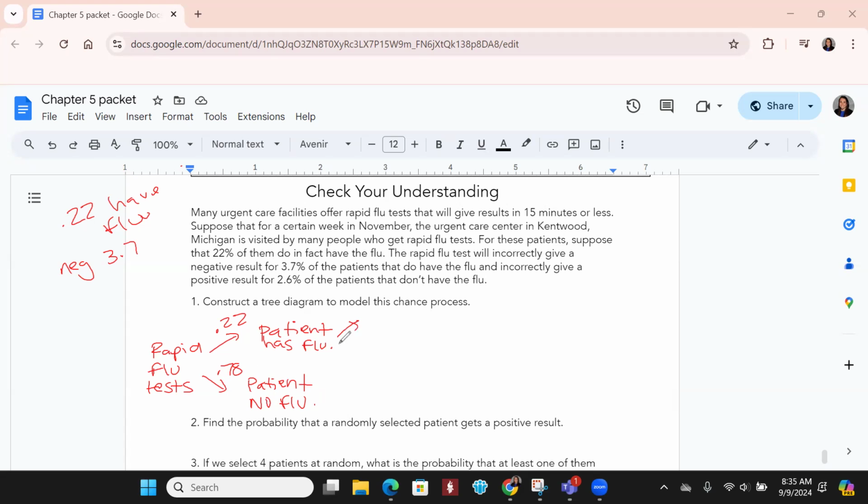How many of the people who have the flu test negative? 3.7, so 0.037 test negative. That means how many test positive? 0.963 test positive.